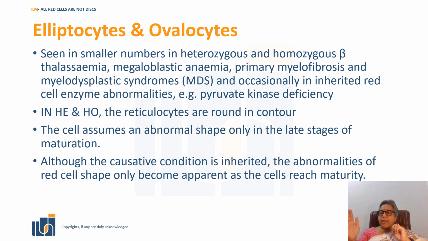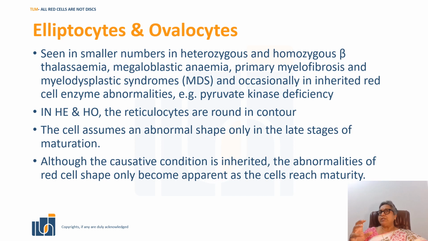The reticulocyte is round in contour. Very important to remember. That means only in the last stage of maturation does the cell assume an abnormal contour despite it being a genetic defect. So although the causative condition is inherited, the abnormalities become apparent only as the cell reaches maturity.